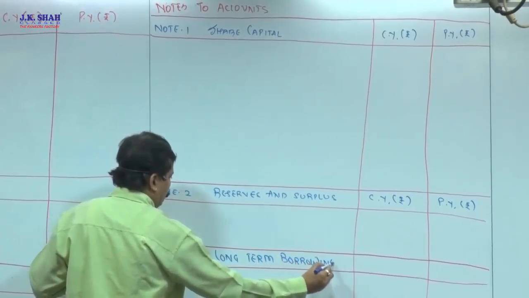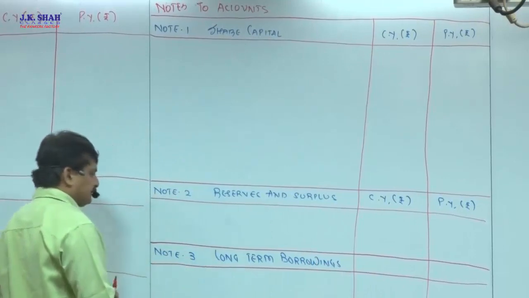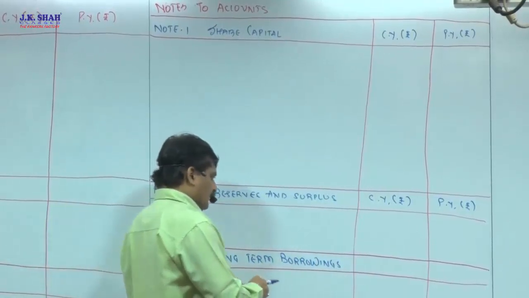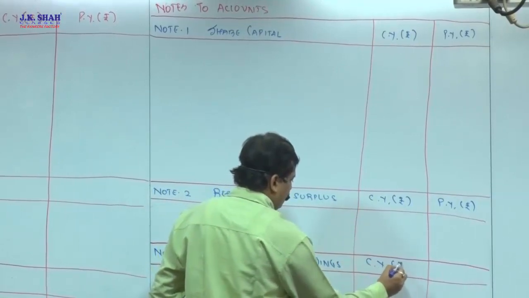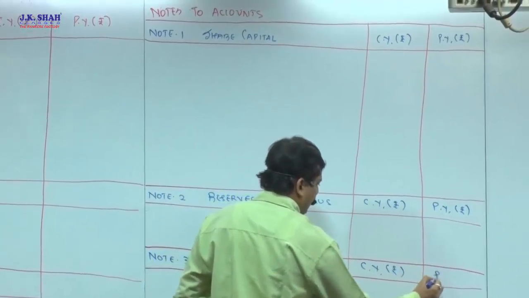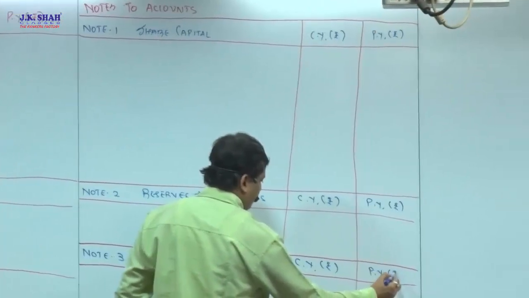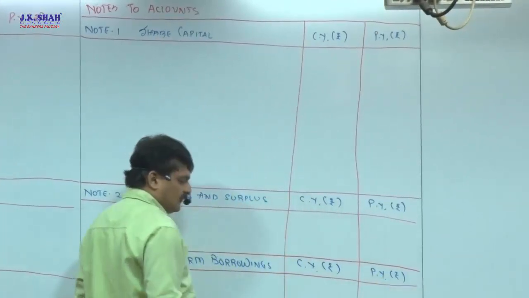Continue. Note 4, increase your speed now. Tell me, what is note 4? Short-term borrowings. 4 lines.